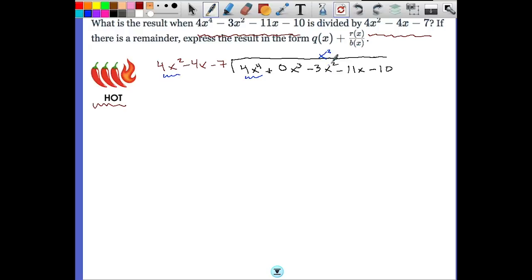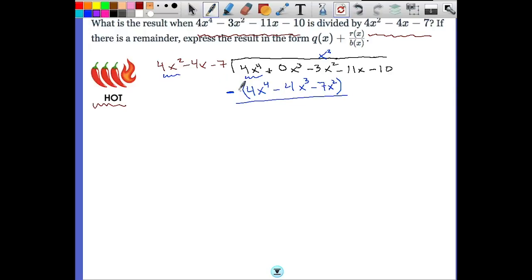So I'm going to put the squares above here, and then I'm going to multiply, and my product is the x squared times this full divisor, and so that product is 4x to the fourth minus 4x to the third minus 7x squared. I'm going to put that whole thing in parentheses, and then I'm going to subtract it.